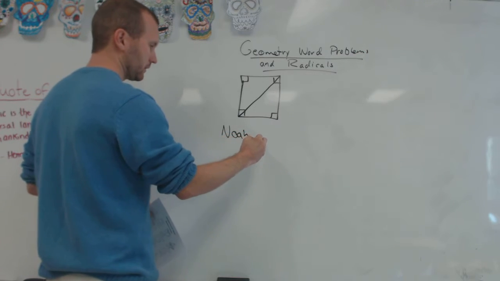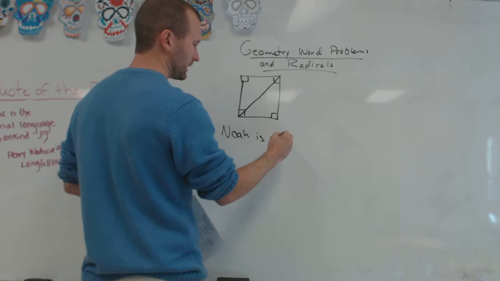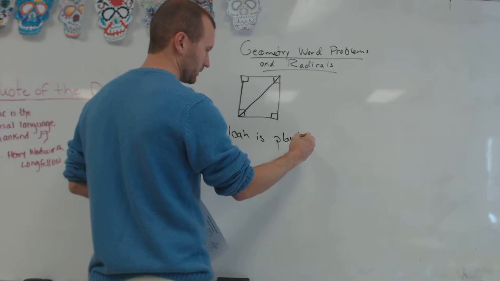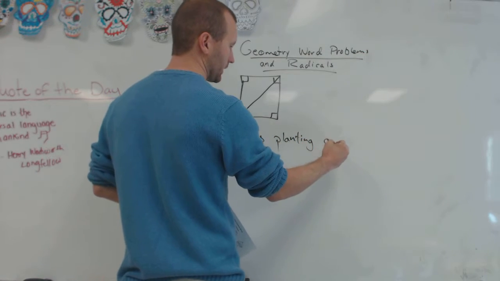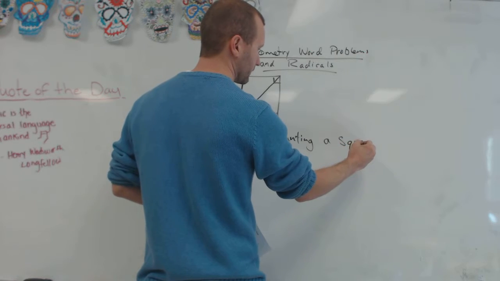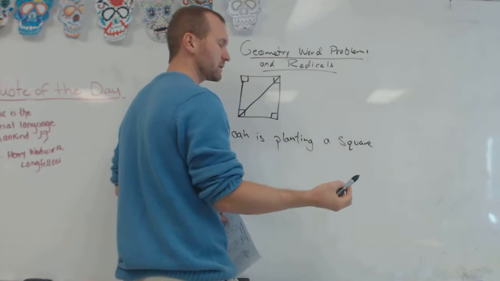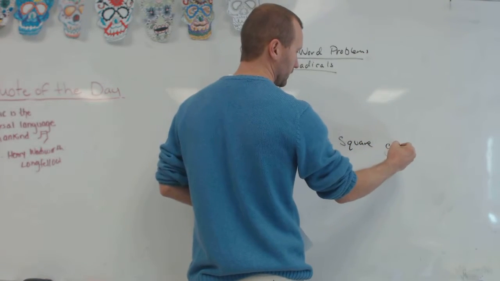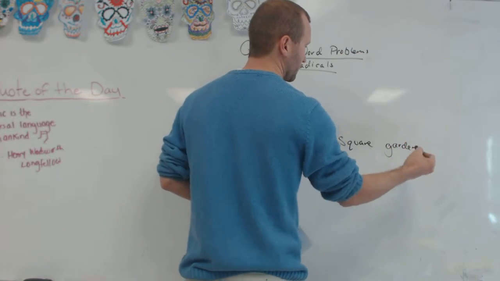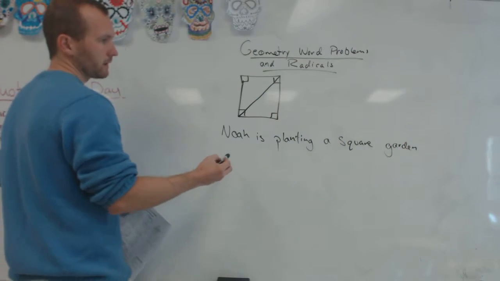Noah is planting a square garden. It doesn't even have to be square, it could be rectangular. I don't know if we'll have time to do 2 problems, but we'll see.